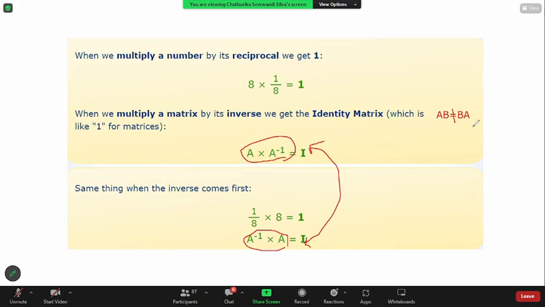Commutative property does not hold for matrix multiplication, but here under the inverse, when a particular matrix is multiplied by its own inverse, it's going to be equal to I. So it doesn't matter whether it is A multiplied by A inverse or A inverse multiplied by A. Both will give you the same answer, that is the identity matrix.